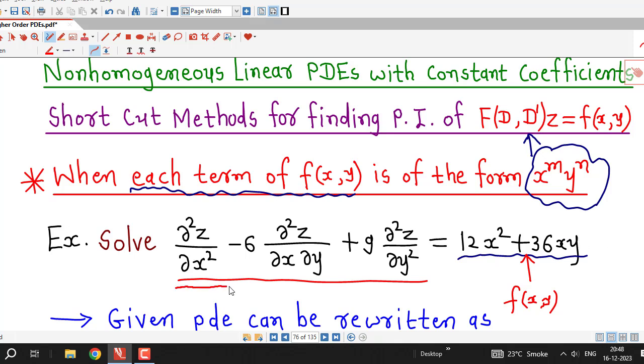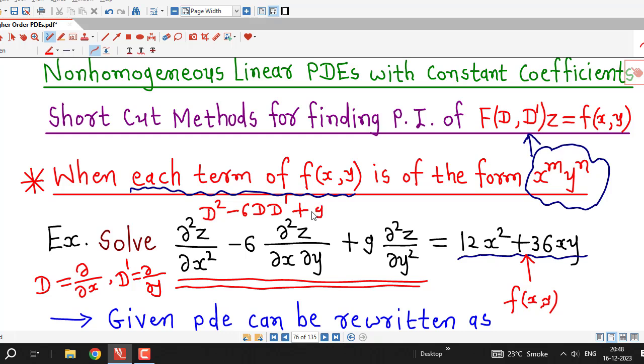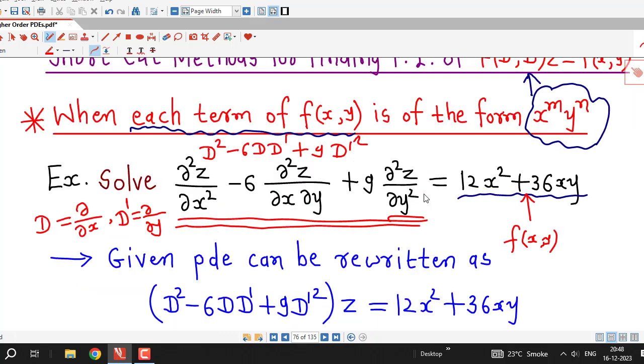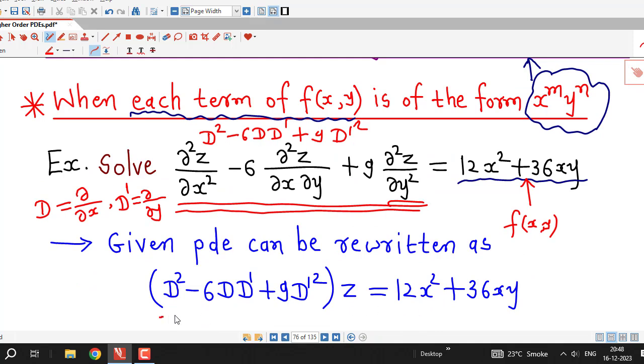We can rewrite the left-hand side in the notation of capital D and D dash. D stands for the partial derivative with respect to x and D dash stands for the partial derivative with respect to y. So I can rewrite this as D square minus 6 D D dash plus 9 D dash square, acting on z, equal to 12 y square plus 36 x y.